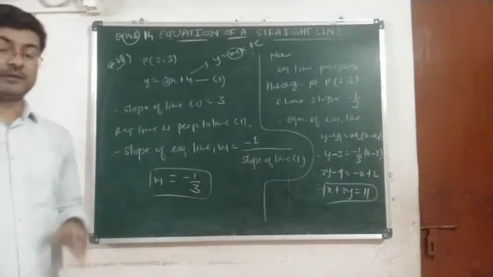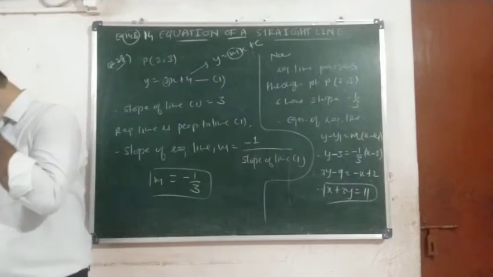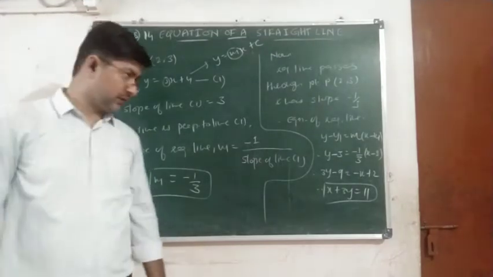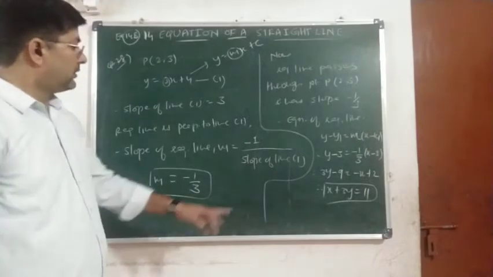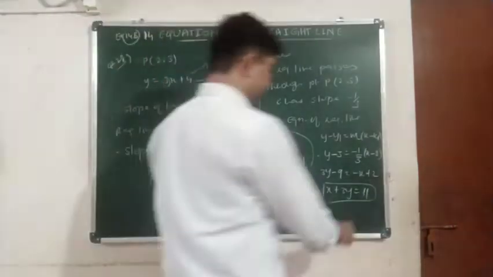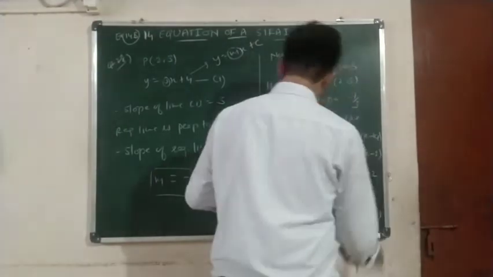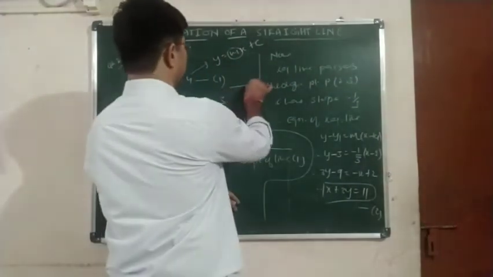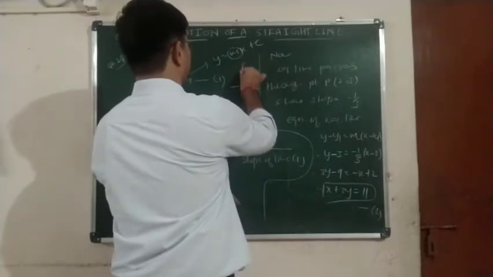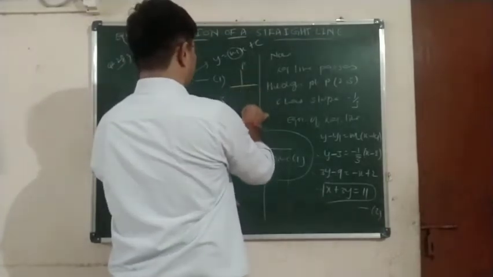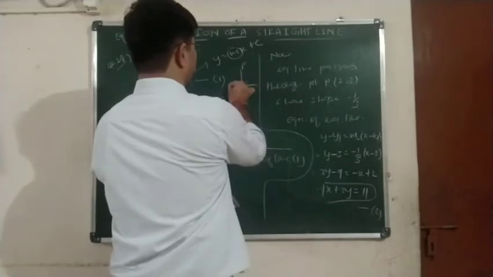Okay, we also have to find the foot of the perpendicular. So what is the foot of the perpendicular? That is actually the point of intersection of the given line and the line which we have just now obtained. If this is the given line and we are drawing a perpendicular from point P, then we have two lines perpendicular to each other.